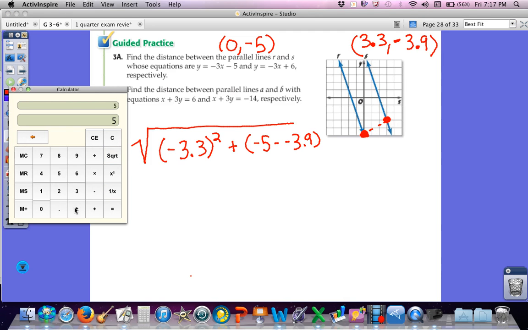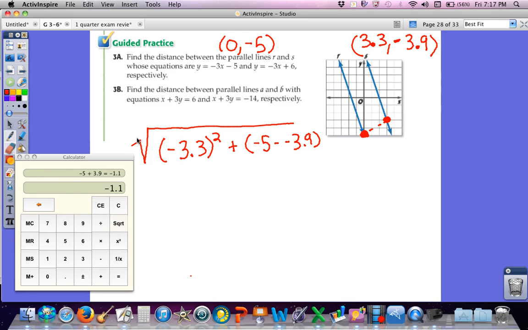So -5 plus 3.9 is -1.1, negative 1.1 squared. Now since I'm squaring, I could just do 3.3 times 3.3.